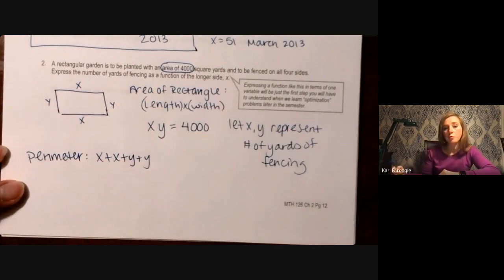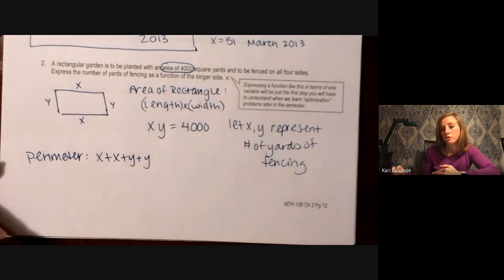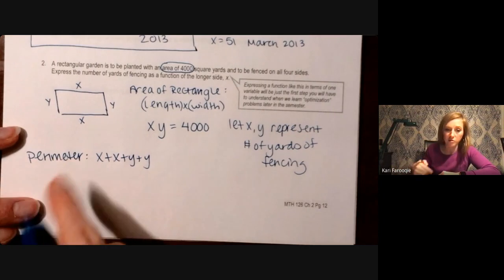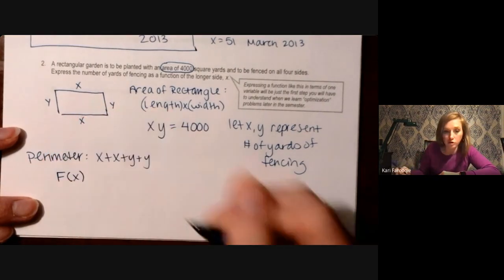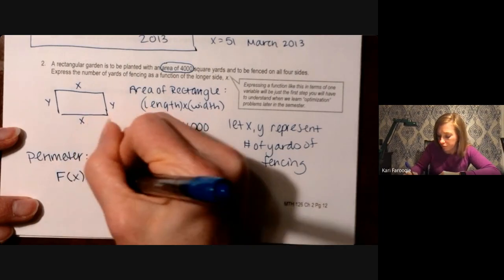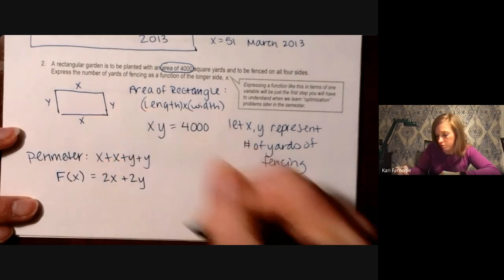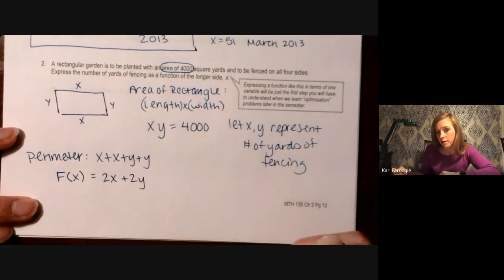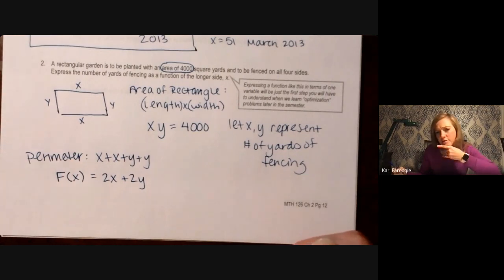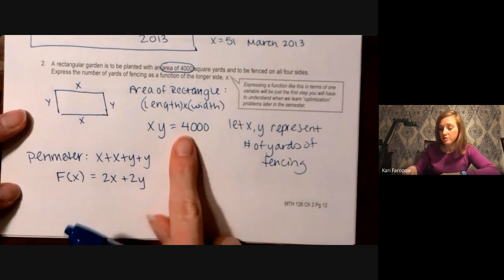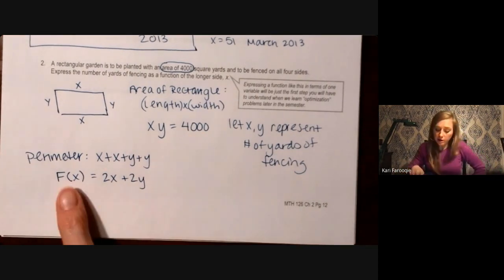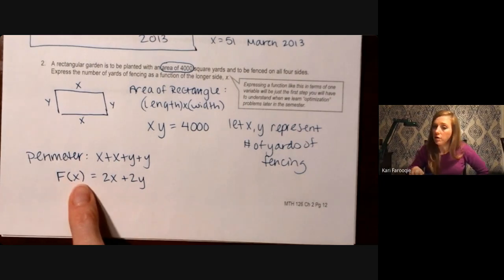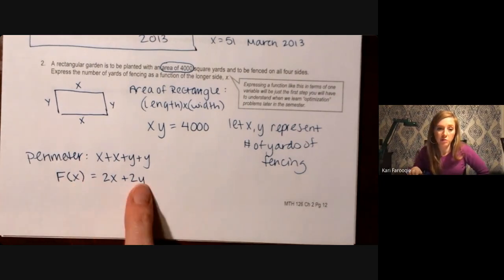What we're going to do is express this as a function of x. So instead of just saying this is the perimeter, I'm going to say this is some function of x. It's 2x plus 2y. And if you're like, wait a second, this isn't necessarily a function of x, you're absolutely right. It's not. There's a reason we have this information. If I'm going to write a function of x, I need all the variables in that function to be x.